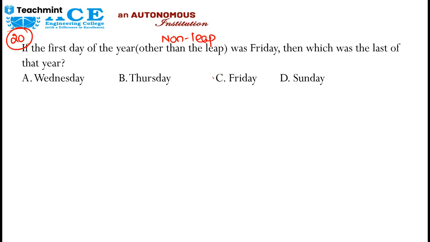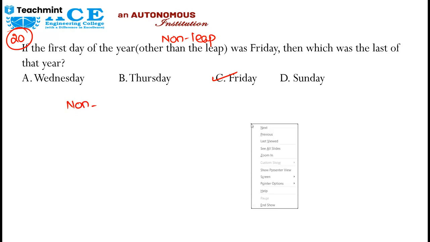It is nothing but the same. There are two ways to understand. In a non-leap year, the last day and first day are equal. I'll show you how it works. Non-leap year, last day equals first day.